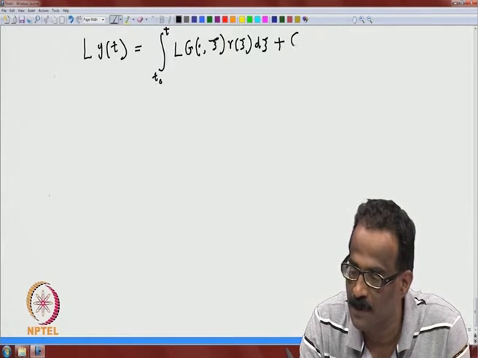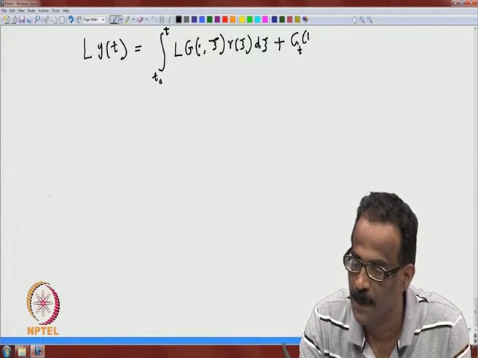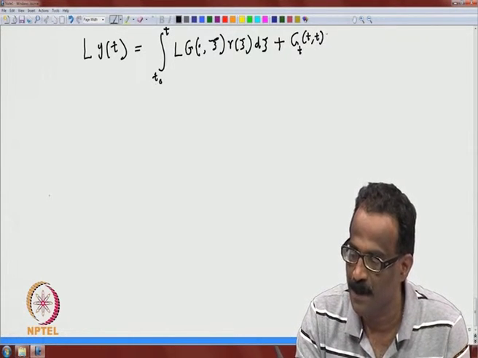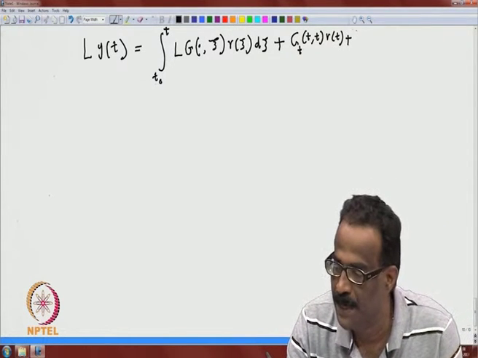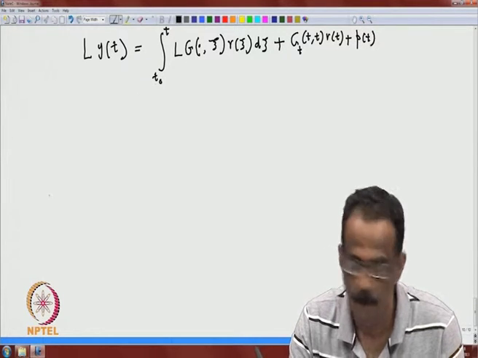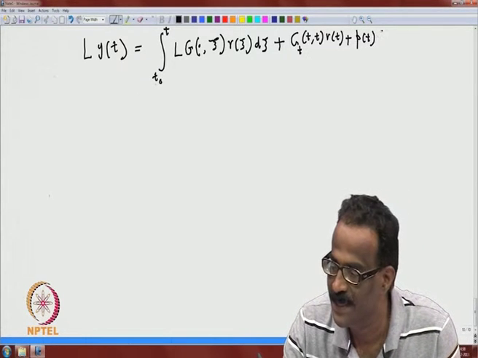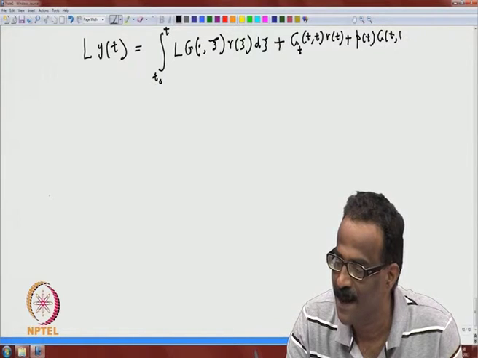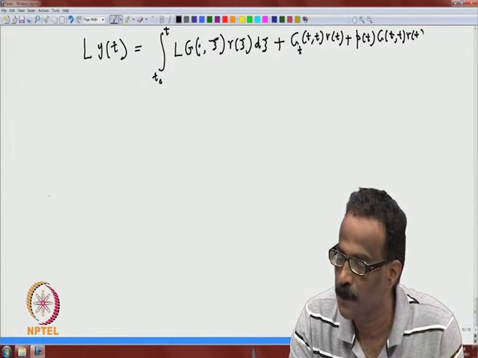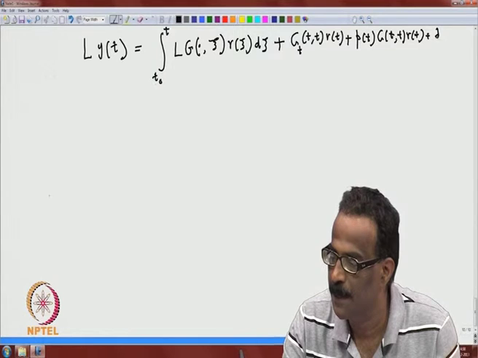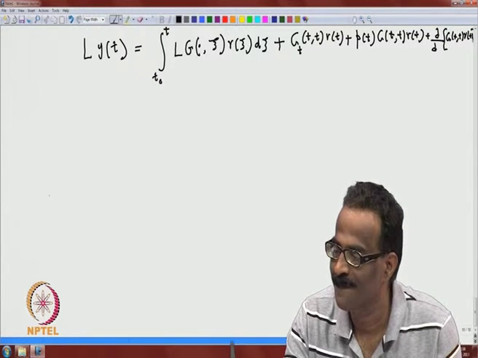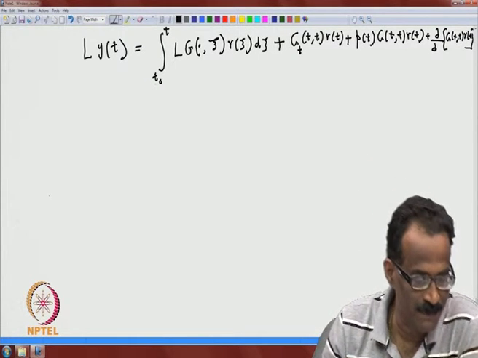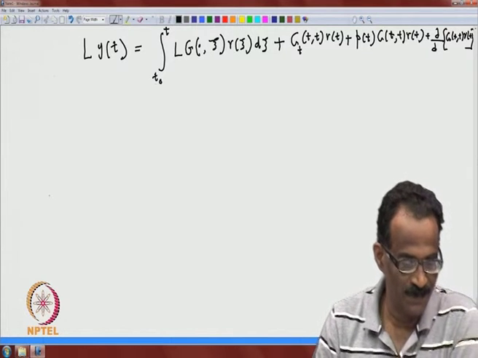For example, you will have g_t(t, t) r(t), plus a term p(t) into g(t, t) r(t), plus a d by dt of g(t, t) r(t). So, you have that kind of term.